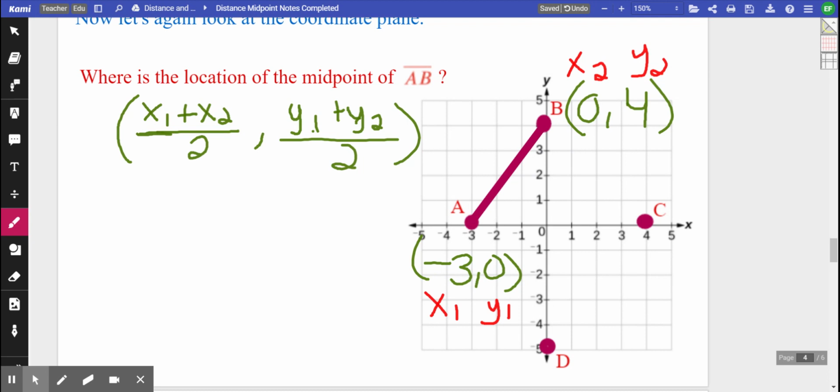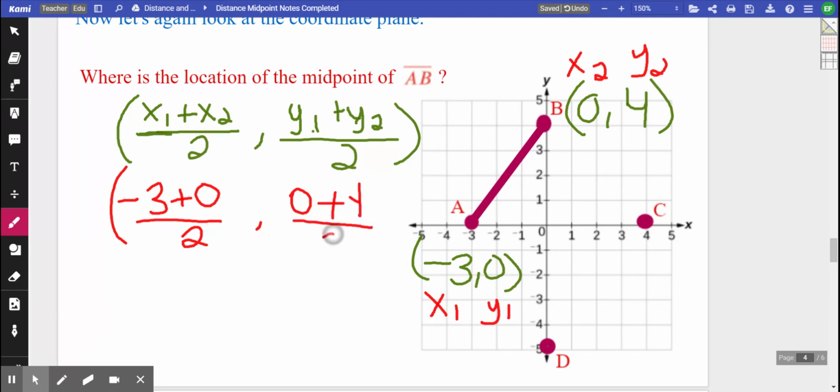We need to add up our x values, so -3 plus 0, and divide that by 2, comma, then add up our y values, 0 plus 4, and divide that by 2.